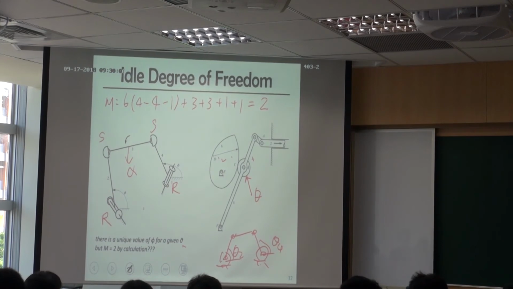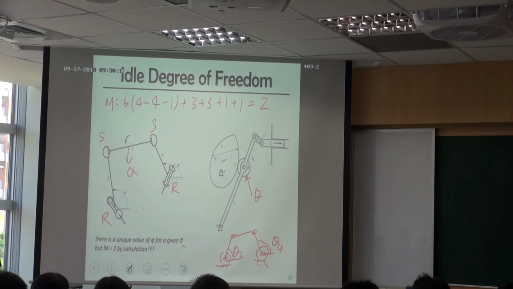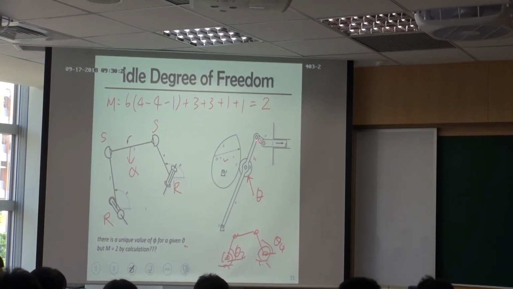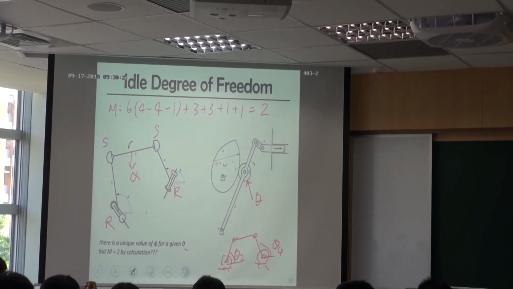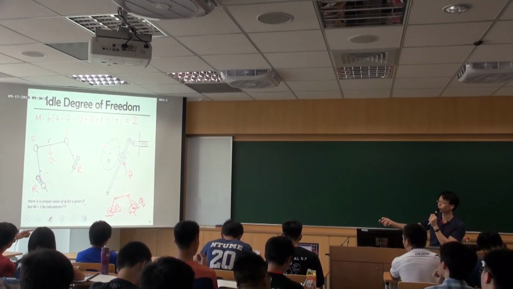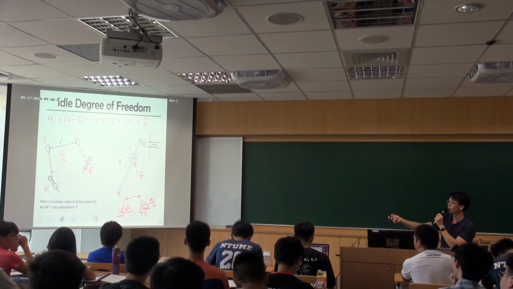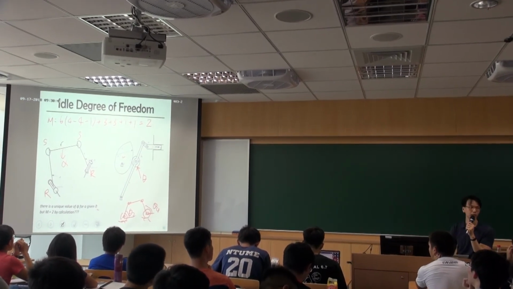But in every mechanism, you can pick any link you want as input, and the outcome would be the same. For my understanding, I think 90% of the cases will use this one as input and this one as output, so as you rotate this one, it will move forth and back.